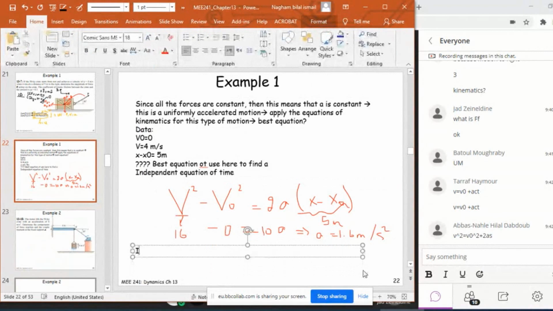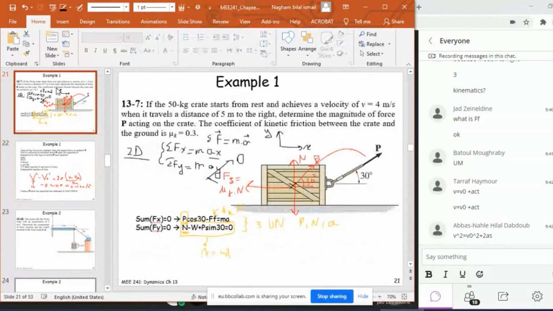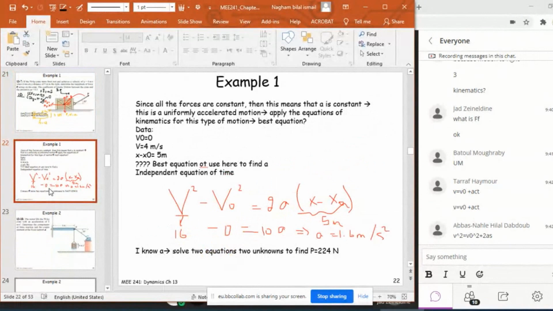So I know a, I solve two equations, two unknowns, to find P, and I know the value, it's 224. All right, so guys, in this problem, I have to use the equations of motion in x and y, as well as the kinematics equation, especially here in uniformly accelerated motion. Any question, guys? Quickly, please.